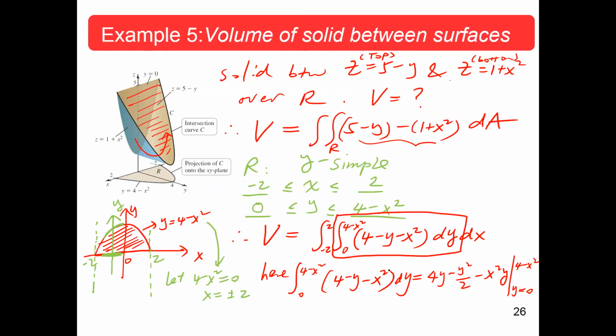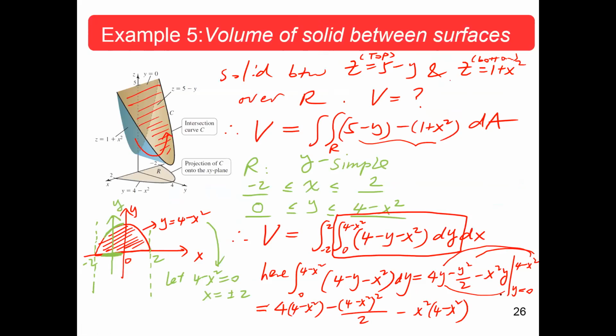So you're going to plug everything in, right? I'll just do it here. So 4 times, plug y in, 4 minus x squared, minus 4 minus x squared, divided by 2, minus x squared times 4 minus x squared.